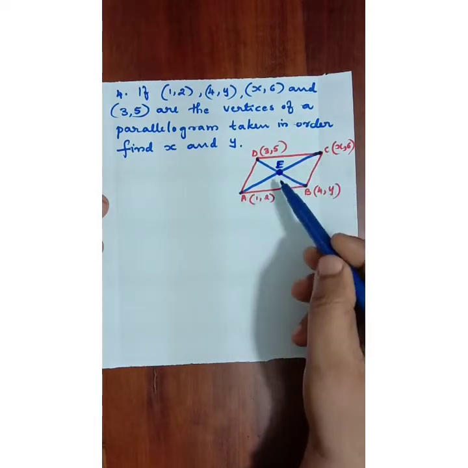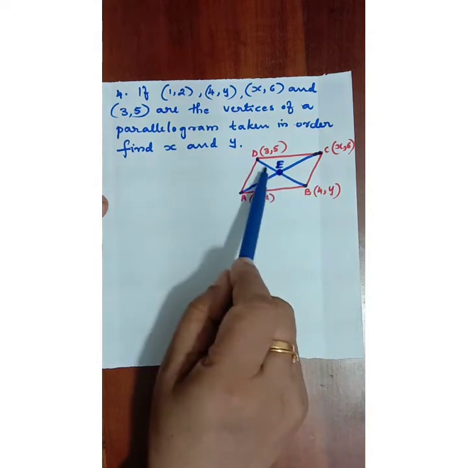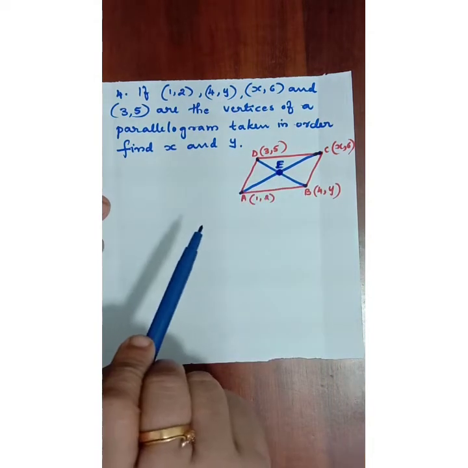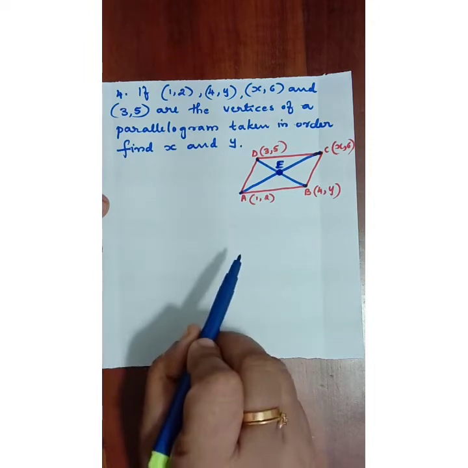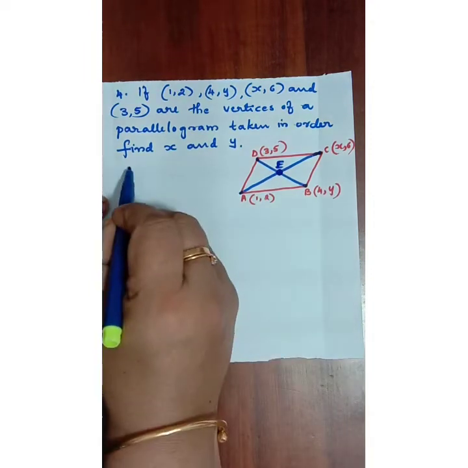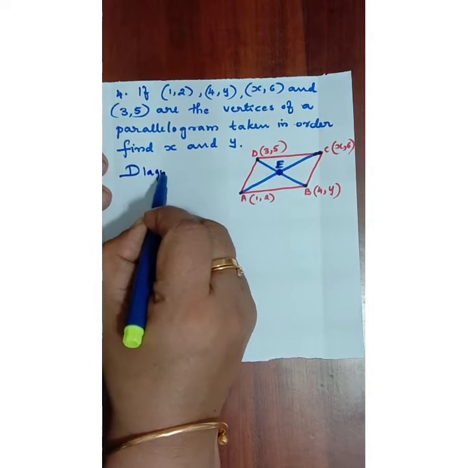Midpoint of AC is E, whereas midpoint of DB is also E. That is how we learned in 9th standard: diagonals bisect each other.